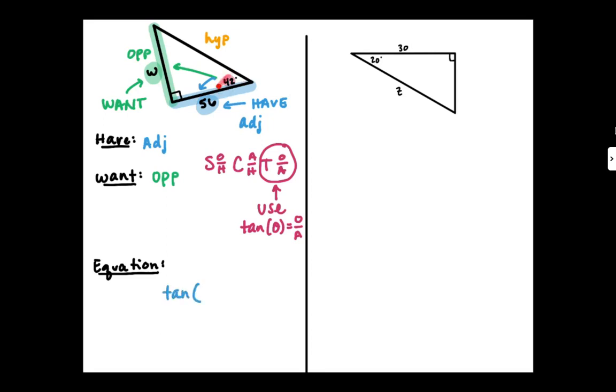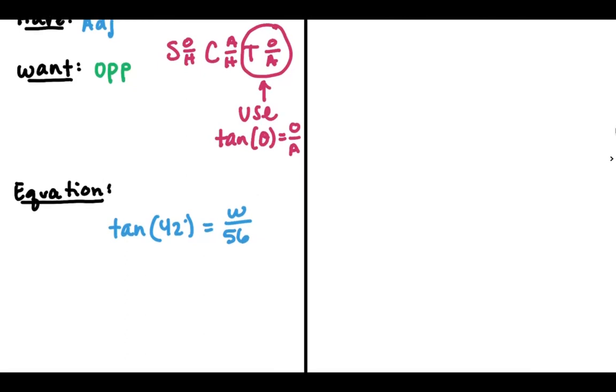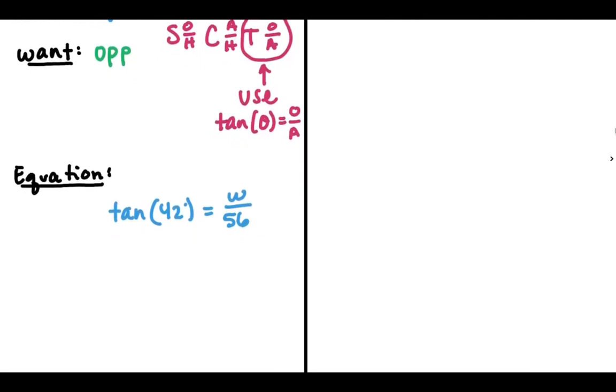Our angle in this case is 42 degrees, so tangent of 42 equals the opposite side, which is W, divided by the adjacent side, which is 56. All right, so we got our equation. I'm going to zoom back in. Now the last step, once we have our equation, is to just solve this for W.